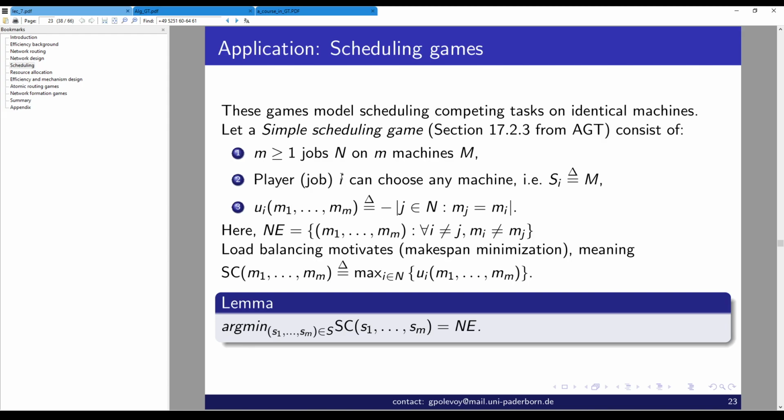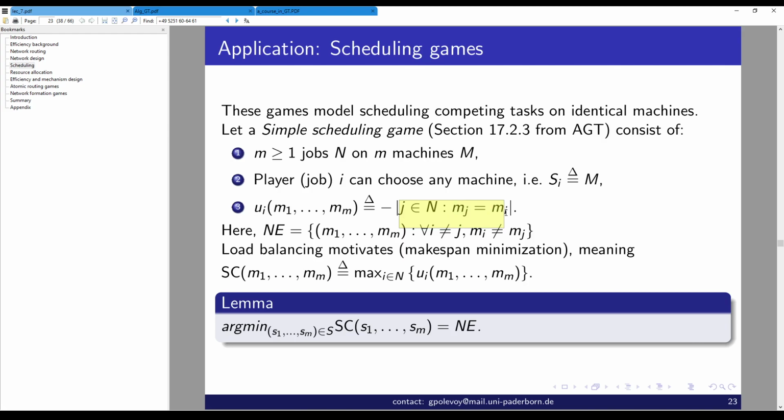So we have M jobs and machines, and as I said, the jobs are the players, and each player chooses a machine. So the set of strategies of player i is the set of machines. The utility of player i, given the profile where m_i is the machine chosen by player i, is minus the number of players that choose the same machine.